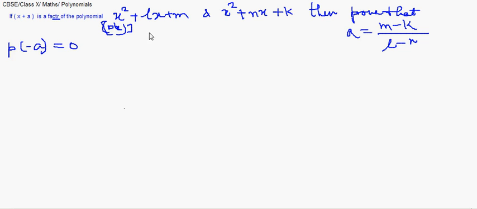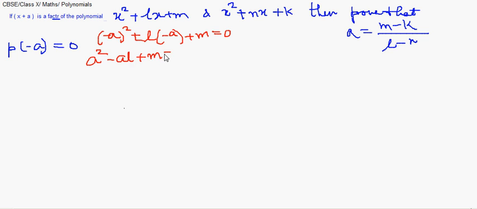So I'm taking the first one. Because x plus a is the factor, p(-a) will be minus a whole square plus l into minus a plus m. That should be equal to 0. So it is a square, oh sorry, it is minus a, so that becomes minus al plus m equals 0. This is one equation.